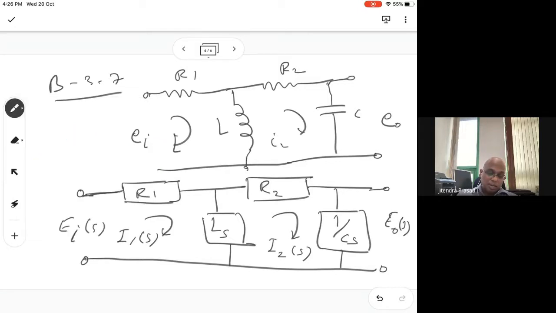Actually, we can do it either way. We can assume that I1 is split into two parts. So this becomes I2, and this one is I1 minus I2.